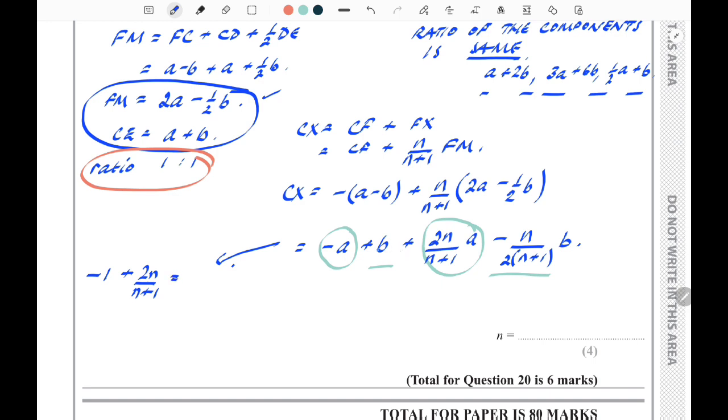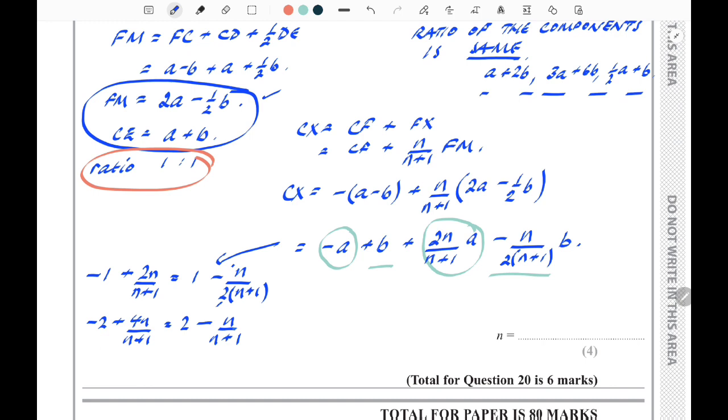So the coefficient of B, 1, and then minus n over 2 times n plus 1. Okay. First thing I'm going to do is multiply everything by the 2 in the denominator here. Okay. So minus 2 plus 4n over n plus 1 equals 2 minus n over n plus 1.